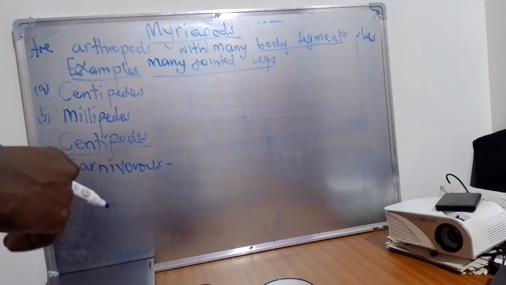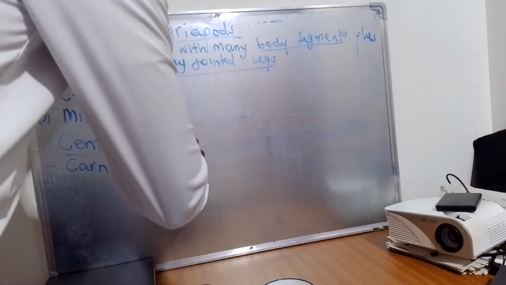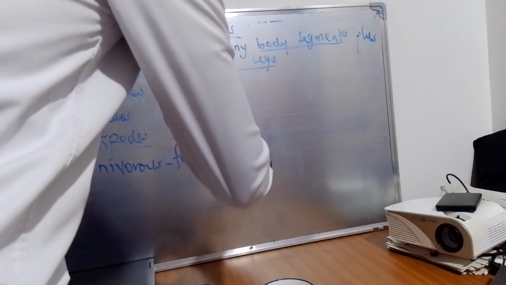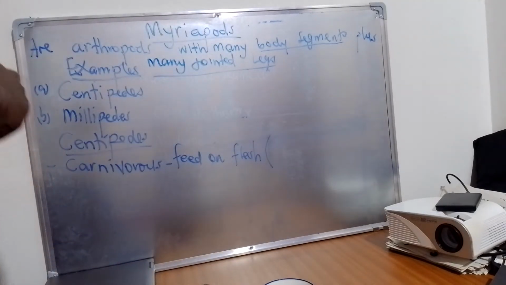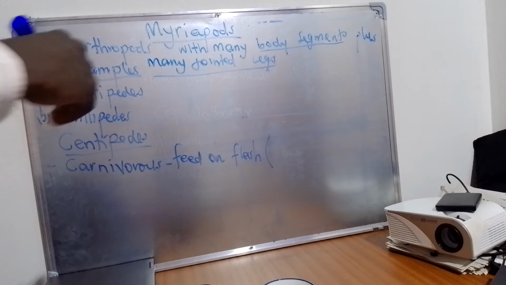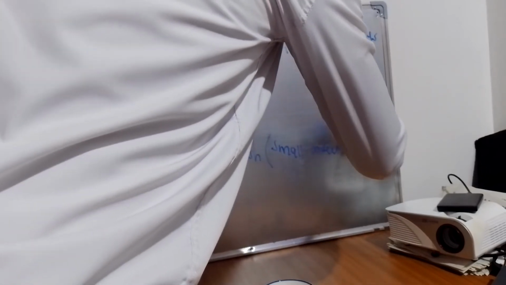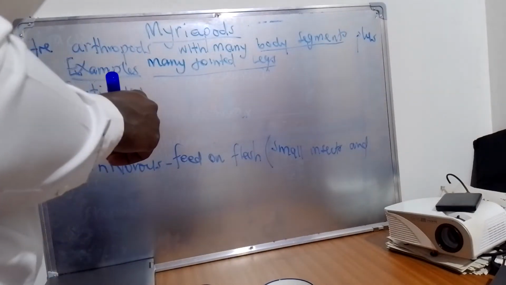Carnivorous animals are animals that feed on flesh, and the flesh that centipedes feed on are small insects and worms.